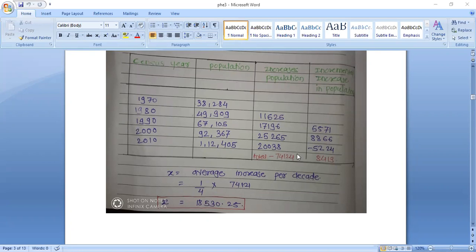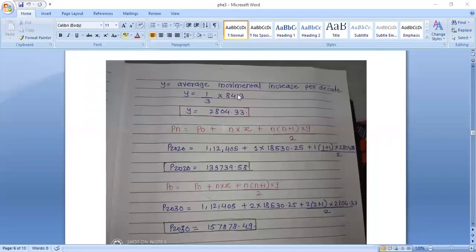From this total value we have to calculate the average increase for every decade or for every 10 years, and the value for this x is equal to 18,530.25. Now after finding out the value of x, we have to find out the value of y.